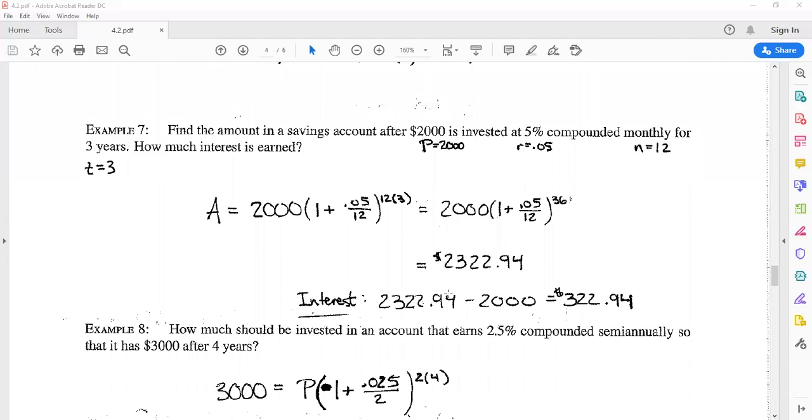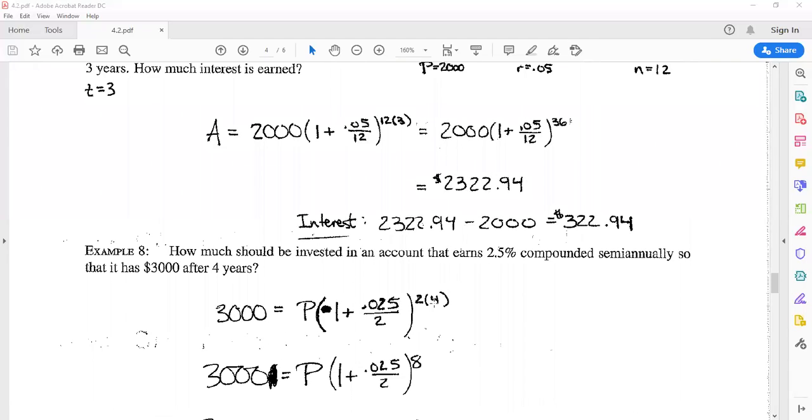Okay, the next example asks us, how much should be invested in an account that earns 2.5% compounded semi-annually so that it has $3,000 after 4 years? So now they're asking us, how much principal should we start with to get $3,000 as our new amount after 4 years, where the interest rate is now 0.025 and the number of compounding periods, n, equals 2.